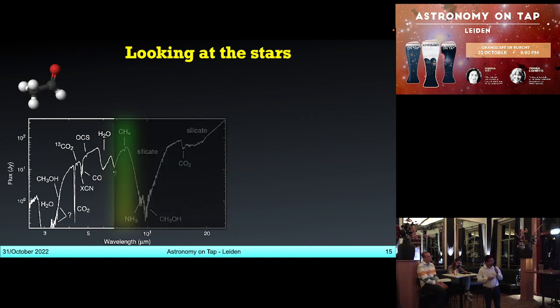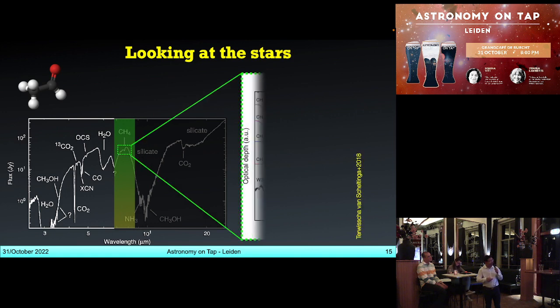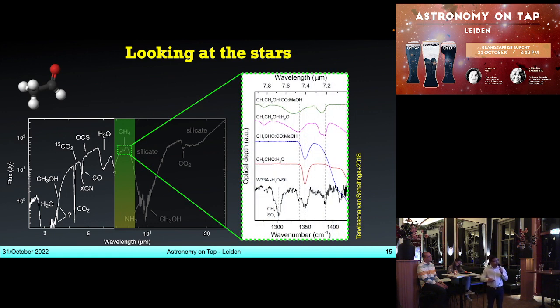If you look at this very small portion of the spectrum, we have these black lines here, and we can compare them with the laboratory experiments that I just showed you. Here, for example, we have a good match with acetaldehyde. And also here could be the presence of ethanol, which I think you guys are drinking a lot of tonight. So ethanol could also be formed in space, and acetaldehyde as well.